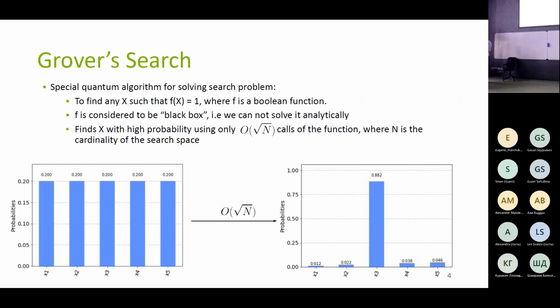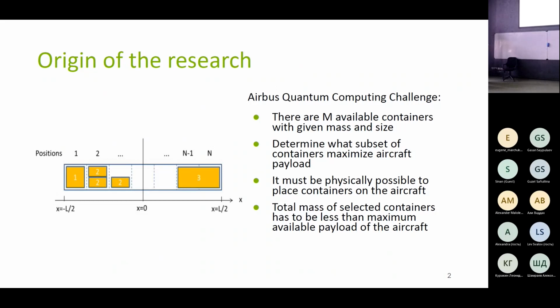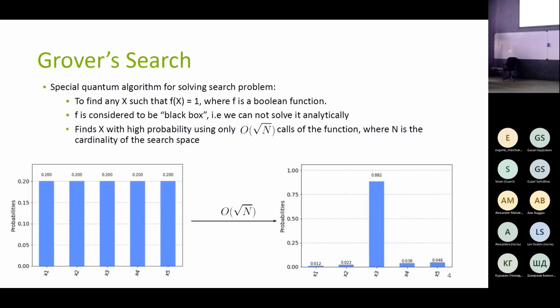For example, in this problem of Airbus, we know the function, which is the total weight of containers that we took into the plane. And we will try to make a search on this function, just putting some different states as an input.